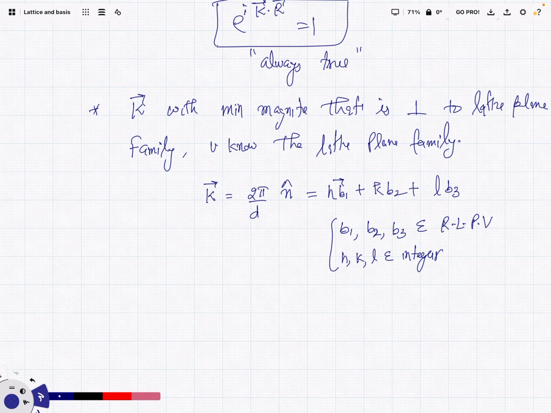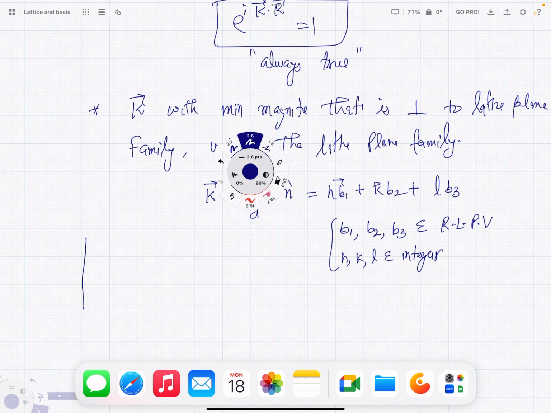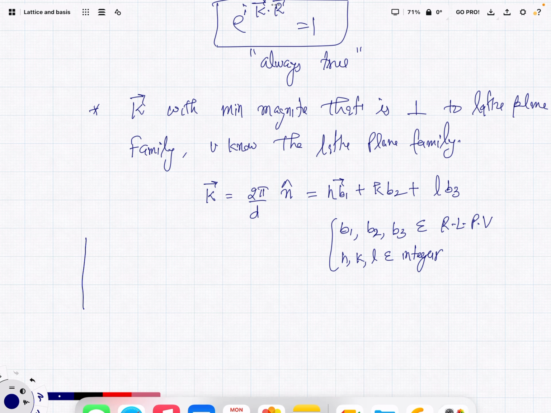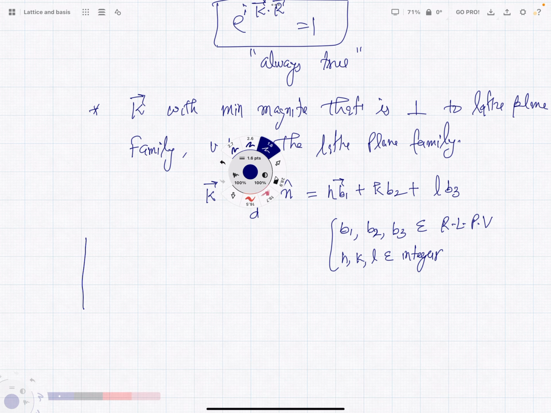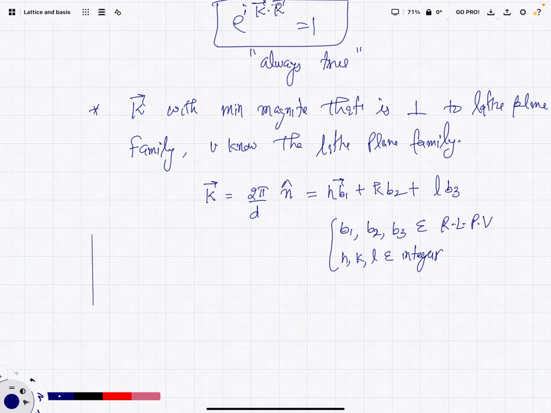So let us say I have the A1, A2 and A3 axes in the direct lattice.